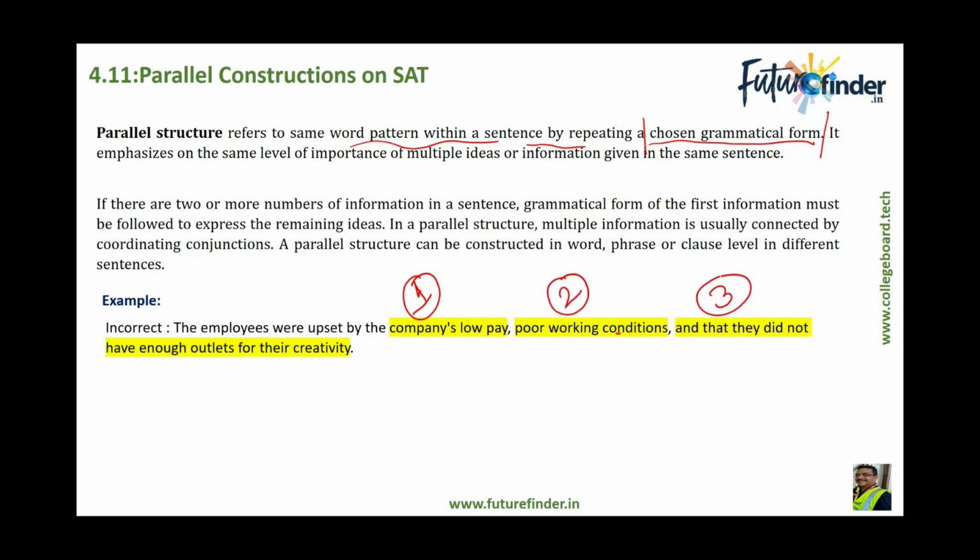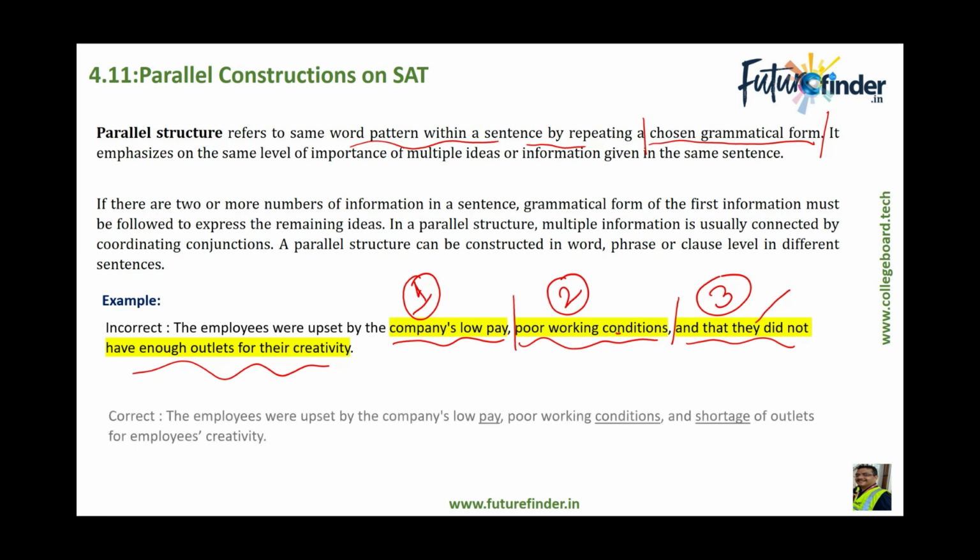It is evident that they were upset by what? The company's low pay, 2, the poor working conditions, and the third part is definitely not parallel, it doesn't go with the same grammatical form as part 1 and part 2, and that they did not have enough outlets for their creativity. So this has got to be rephrased.